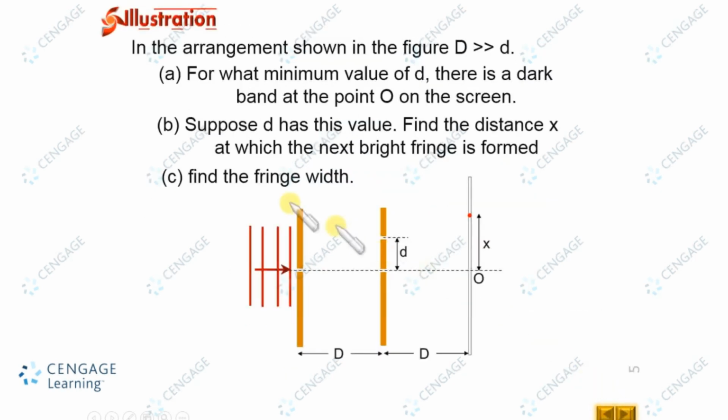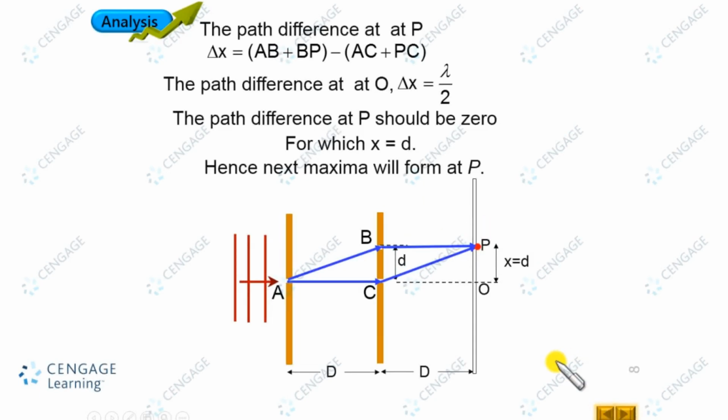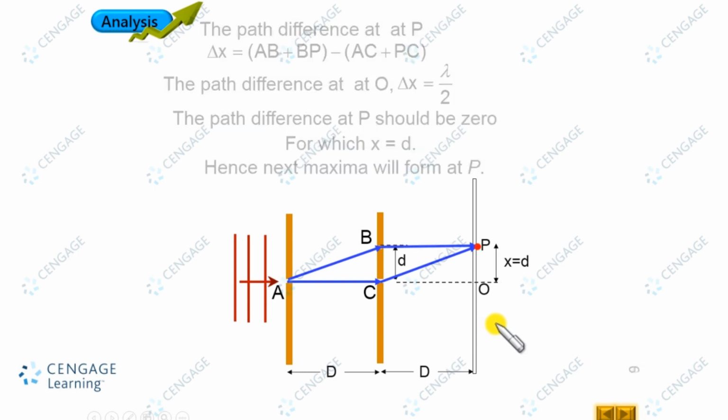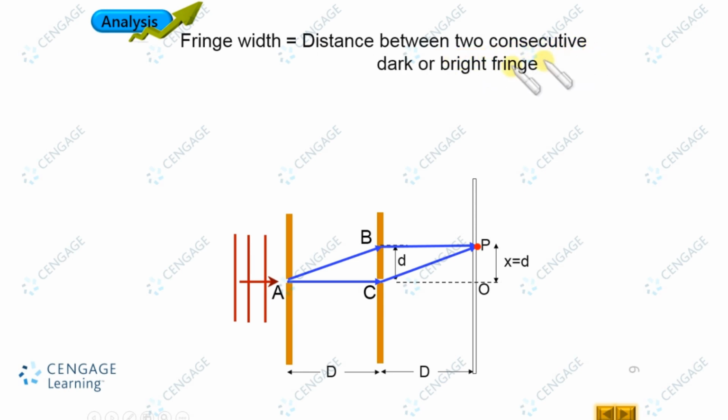We need to calculate the fringe width. Before calculating the fringe width, let us first define what is the meaning of the fringe width. Fringe width is the distance between two consecutive dark or two consecutive bright fringes, right? This is the fringe width, the distance between two successive or two consecutive dark or bright fringes.